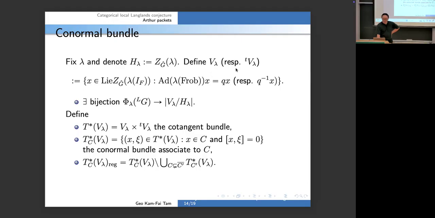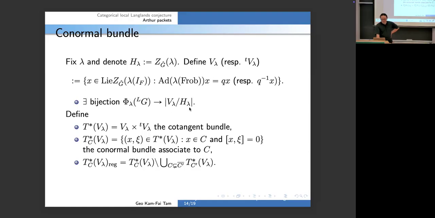This is V_λ. We can define the opposite variety by changing the eigenvalue to q inverse. You take the quotient stack and you look at the closed points. This is in bijection with those Langlands parameters whose infinitesimal parameter is this fixed λ.